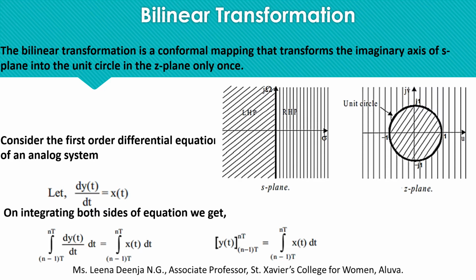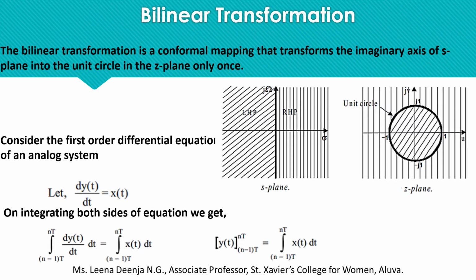Any analog system is governed by a differential equation in the time domain. Consider the first order differential equation of an analog system. Let d by dt of y of t equal x of t. On integrating both sides of this equation, we get the integral from (n minus 1)T to nT of d by dt of y of t dt equal to the integral from (n minus 1)T to nT of x of t dt.